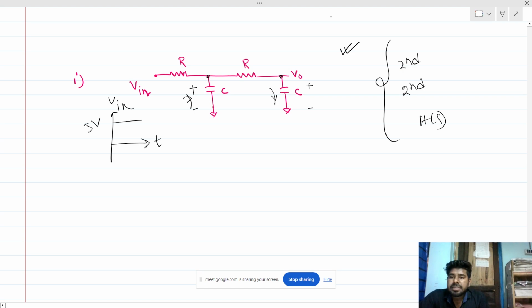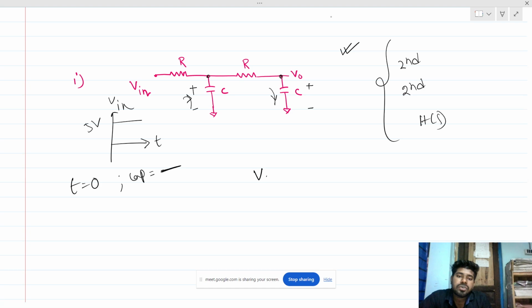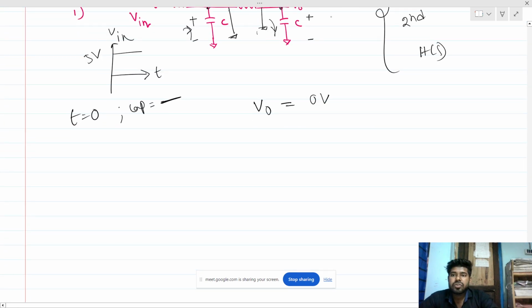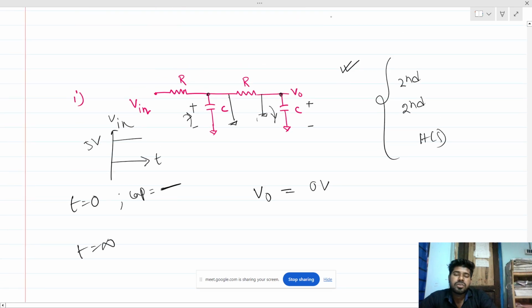Now at t equals 0, the cap is behaving like a short circuit, right? So what will be the V out? If this is short and this is short, the output is nothing but 0 volt. And at t equals infinity, the capacitors are open, so this will be open circuit and this will be open circuit.